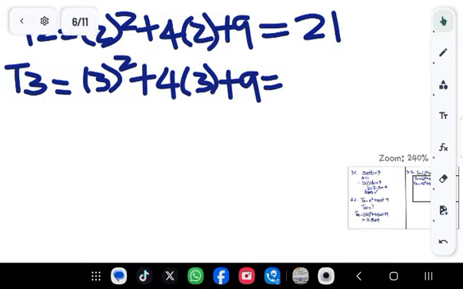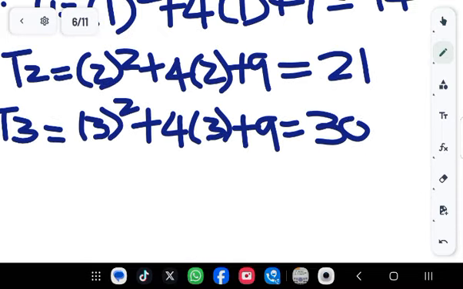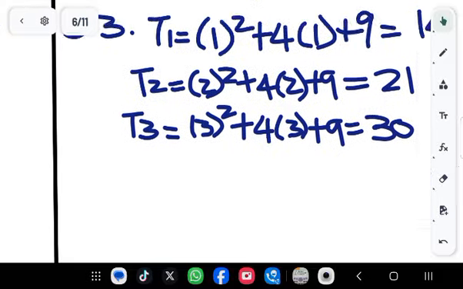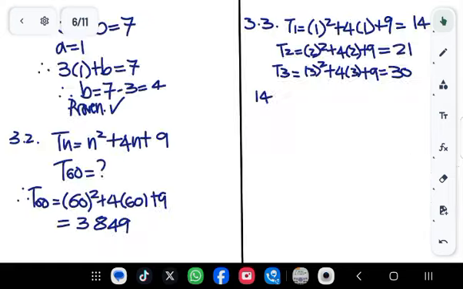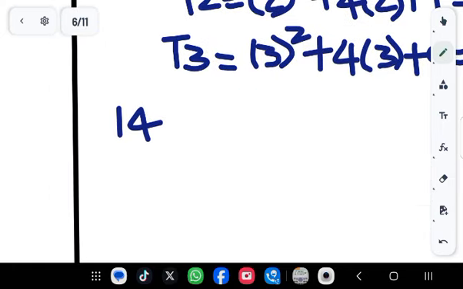So that's what we have here, 30. Now let's list this quadratic pattern. So that will be 14, 21, 30.